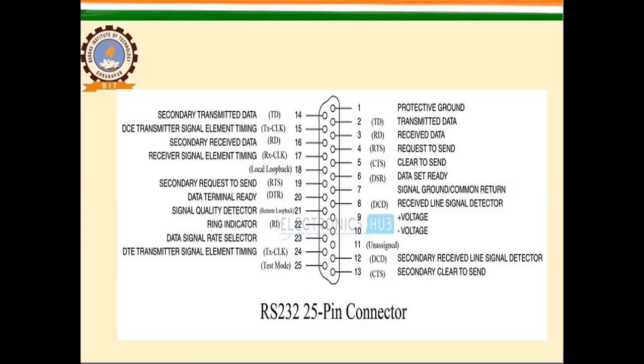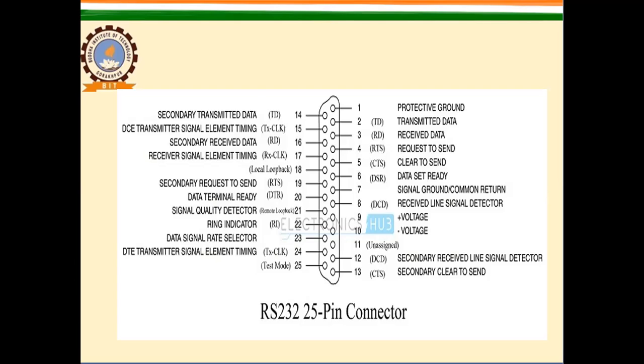So you can easily see here that two sets of pins are used. One set of pins is for primary and the other set is for secondary data transmission and reception. So the second line specifically deals with secondary data transmission and reception of the signals.